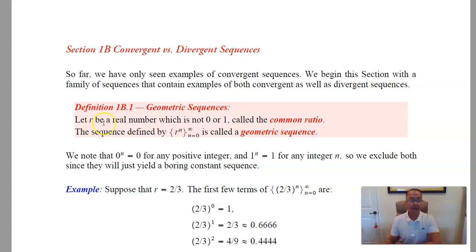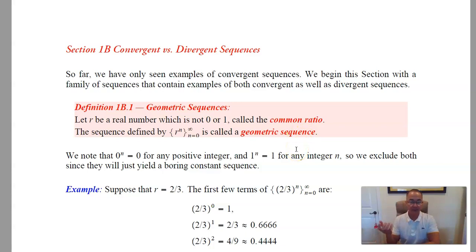So r is a real number. It can't be 0; we don't want 0 to the x. 1 to the x is always 1. So we will not allow r to be 0 or 1. It's called the common ratio of the geometric sequence. The sequence r to the n is called a geometric sequence.